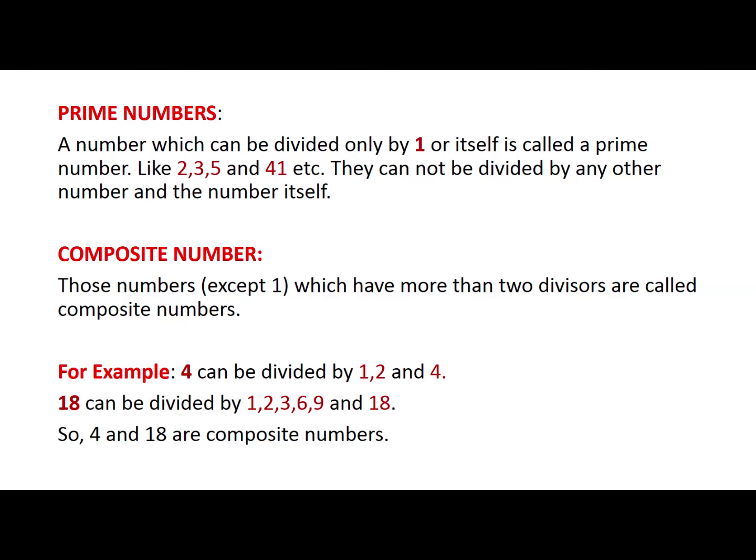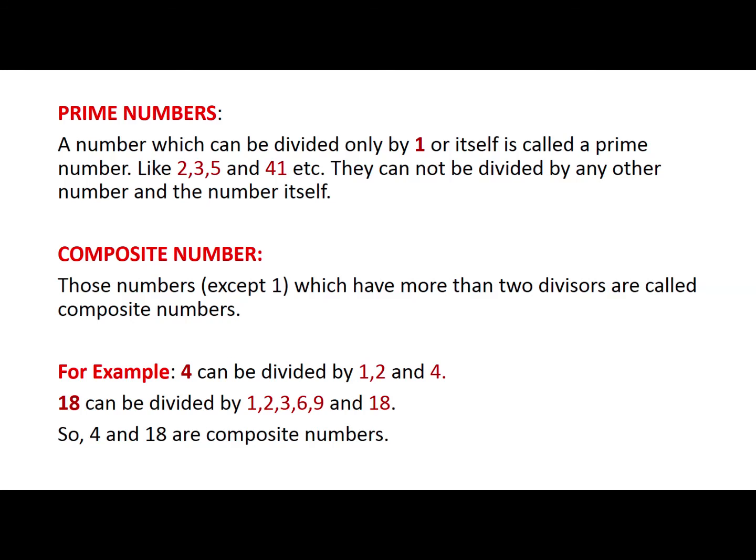Quickly revise prime and composite numbers. Prime numbers: a number which can be divided only by 1 or itself is called a prime number, like 2, 3, 5 and 41, etc. Composite numbers: those numbers except one which have more than 2 divisors are called composite numbers.